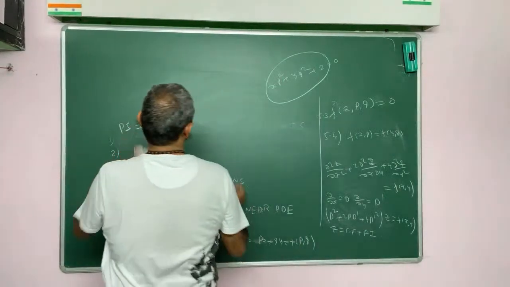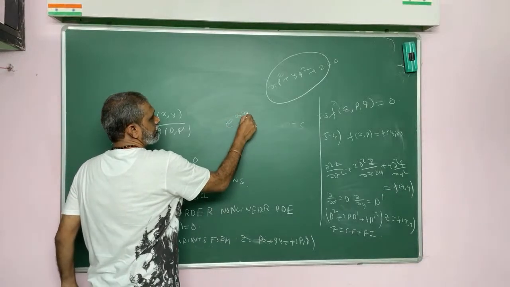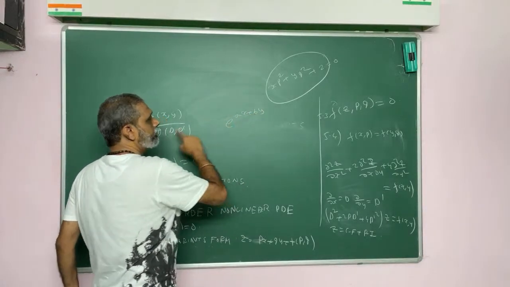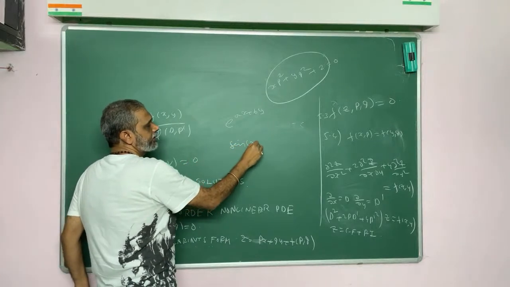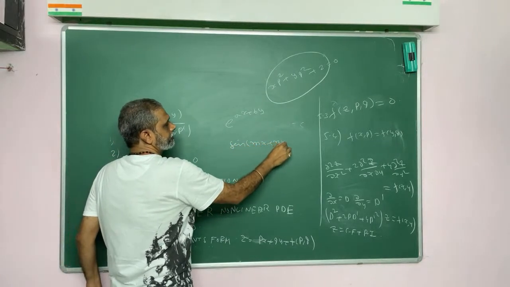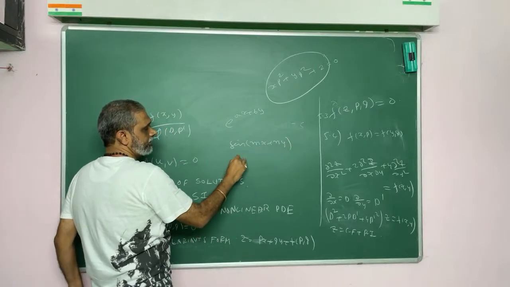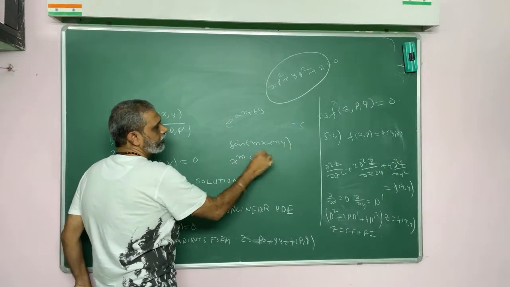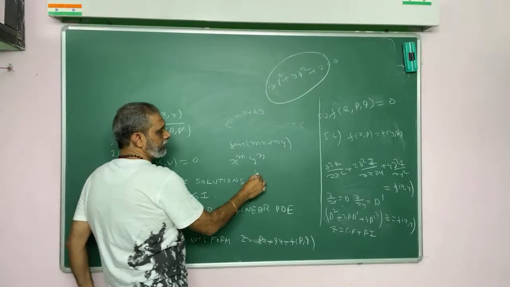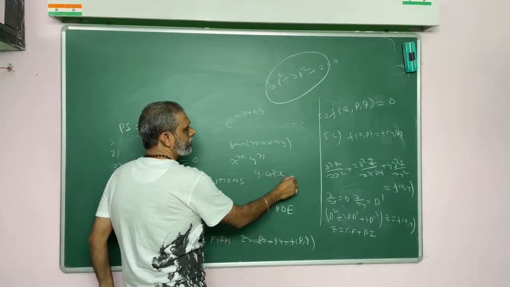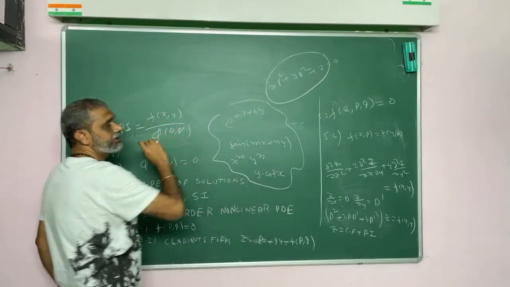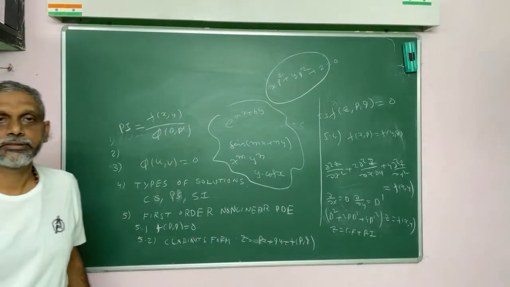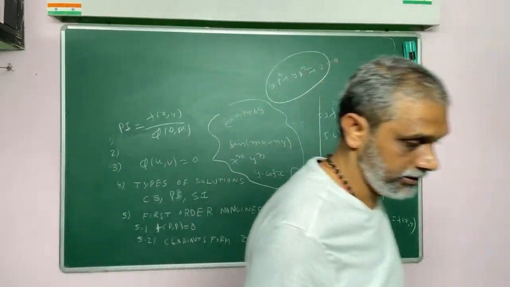Suppose f of xy is e to the power ax plus by; how to attack that is a different story. Maybe f of xy is sin of mx plus ny. Maybe polynomials, x to the m, y to the n. Then maybe a product like y cos x. So these all we will do. This is the skeleton of the first unit. Getting it or not?